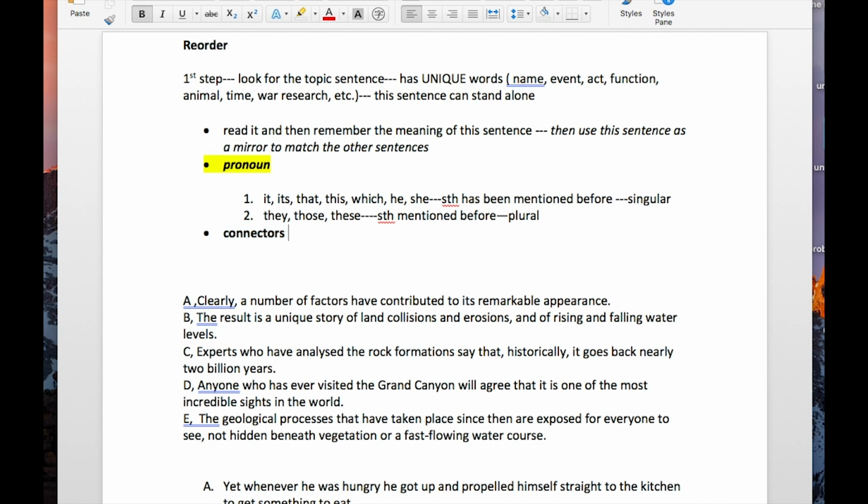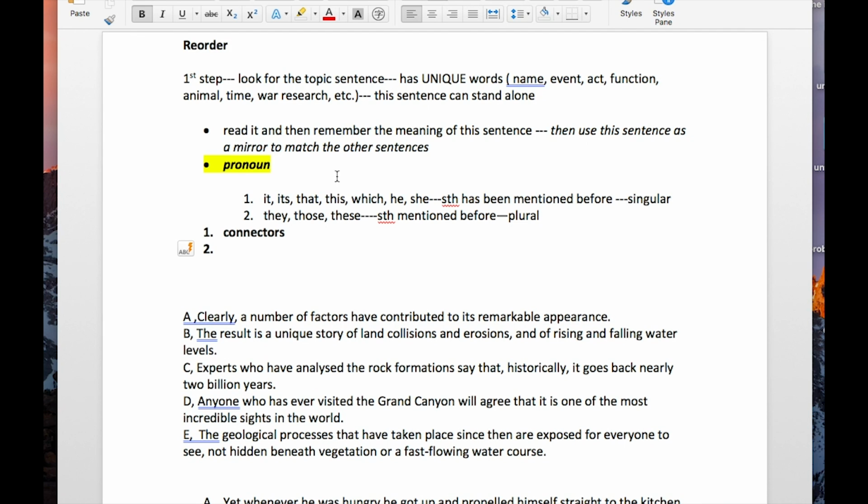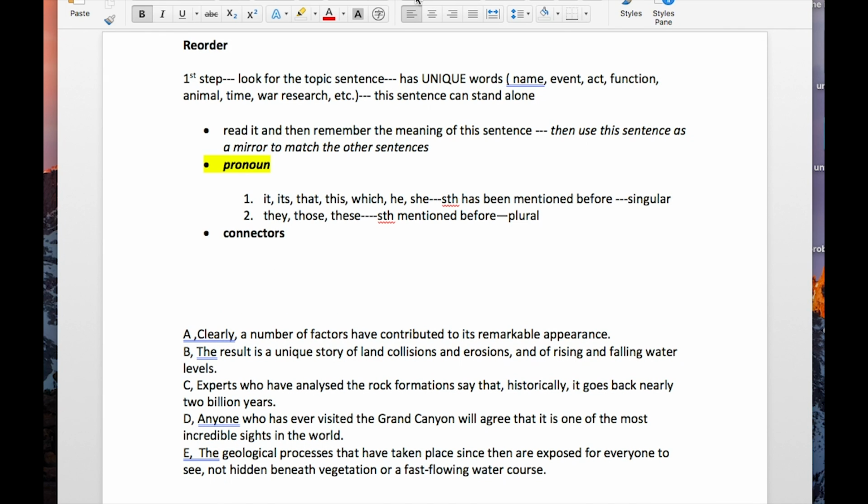Okay, as for the connectors, first of all, be very careful. There are certain connectors that help us find the previous sentences easily: however, yet, but, and although.